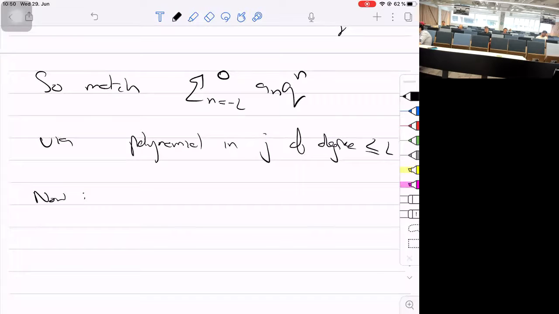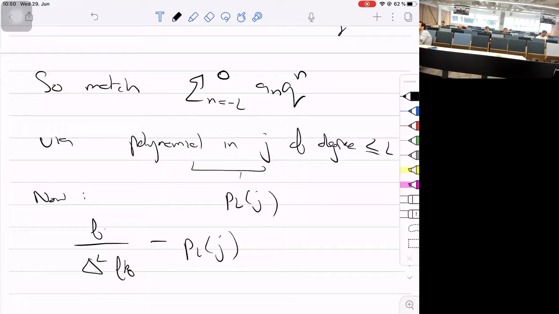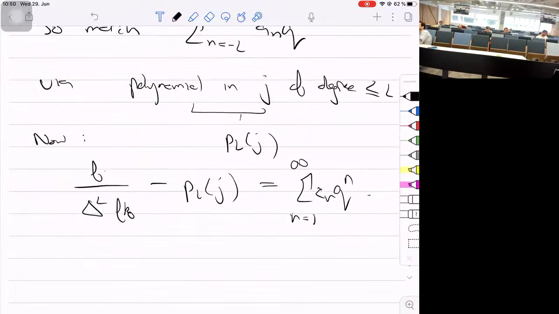So now this modular form we started with, divided by delta to the L, minus this polynomial P_L of J, is going to have a Q expansion that starts at n equals 1 to infinity, some coefficients C_n Q to the n. It doesn't matter, because I've killed all the poles and the constant term, which means it's holomorphic.